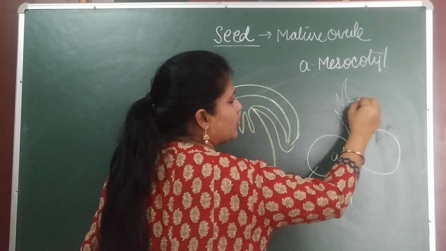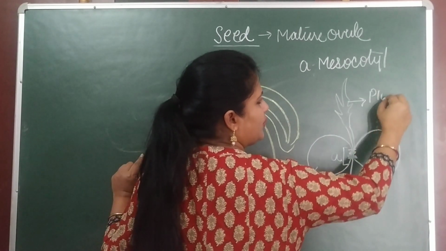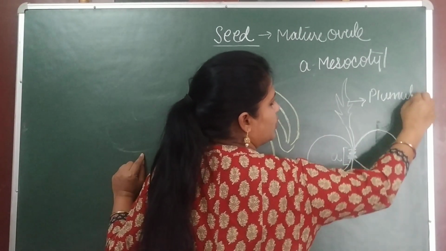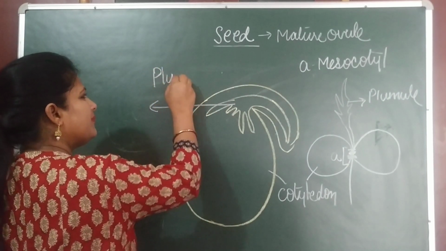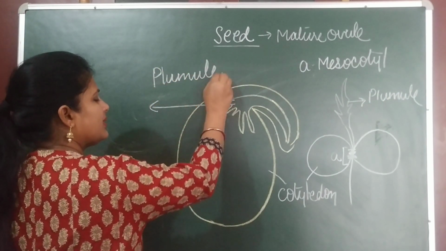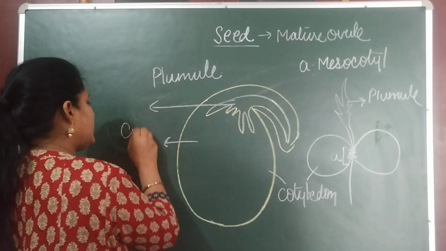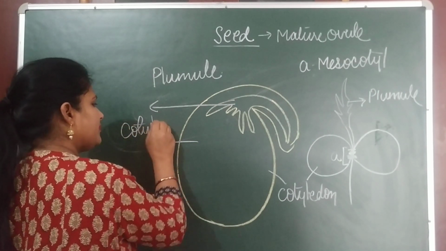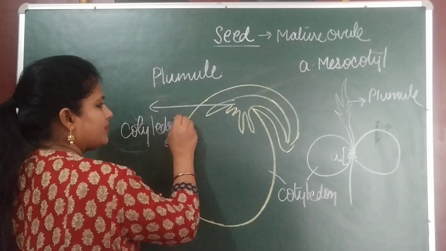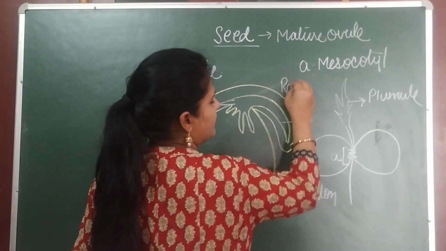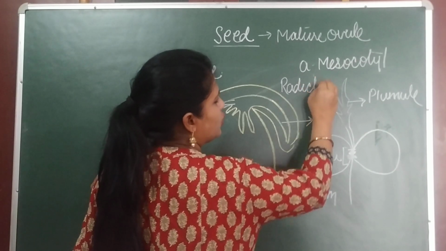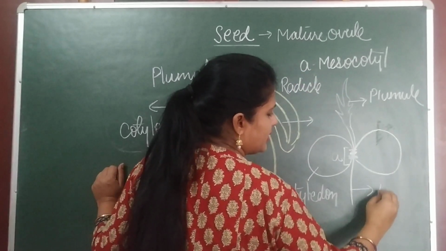This is the plumule region. Plumule develops into shoot. This one is cotyledon. And this region is radicle. Radicle will develop into root.